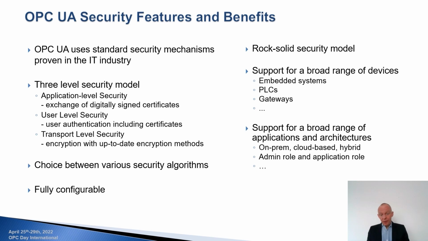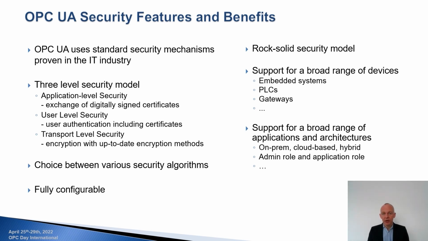Now, these points make sure that users can work with a rock-solid security model and can use state-of-the-art security in their solution. The third aspect, counting bullets, is the choice that OPC provides regarding security algorithms.